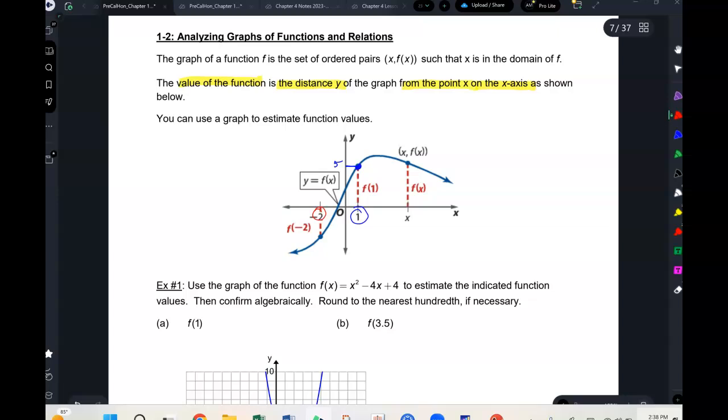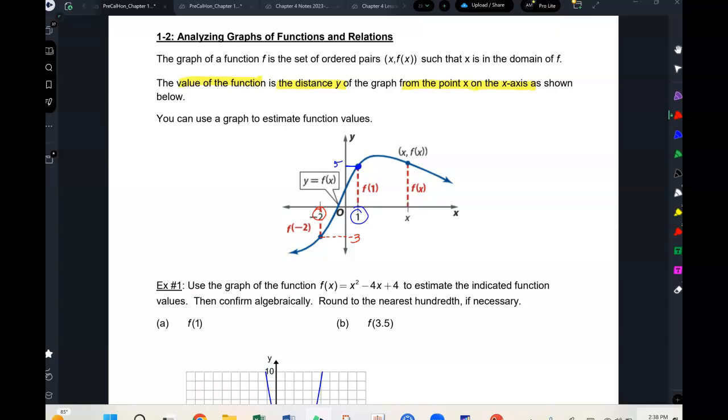If at x equals -2, f of -2 is -3, that means at -2, the graph is 3 units below the x-axis. And it is really helpful as you go into upper level math to think of the y value as the distance from the x-axis away to the graph.